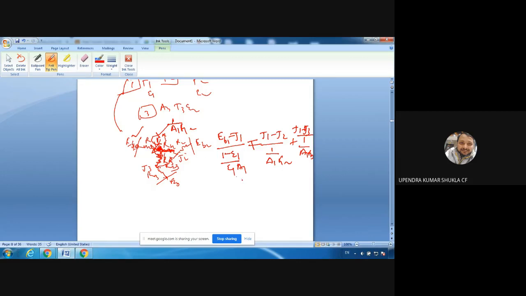Now if you bring it to this side, this sum will be equal to, as you read in electrical technology, J1 divided by 1 minus epsilon 1 A1.